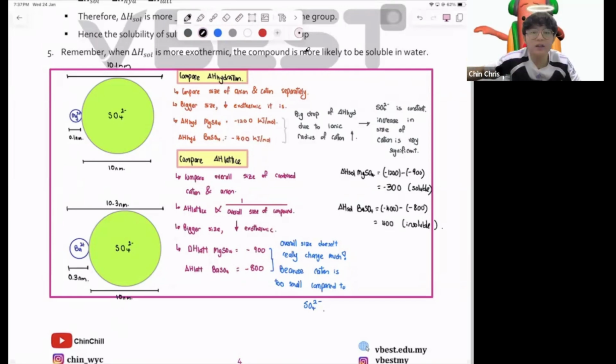Yes, guys, remember lattice energy and hydration are always exothermic. They will never be endothermic. I thought you guys already did it in school. Your hydration and lattice, your lecturer already did it with you in the first lesson, right?